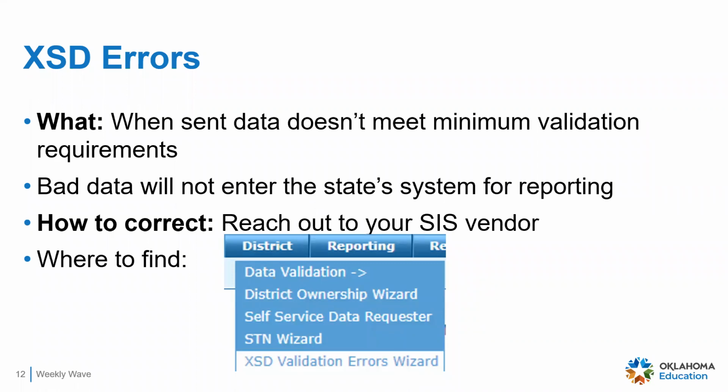So the way you need to correct it is to reach out to your SIS vendor. And as I said earlier, there's how you get to data validation, but on where to find this, you go to district and it's at the bottom of the district tab. So just click on that and it'll bring up your XSD errors.